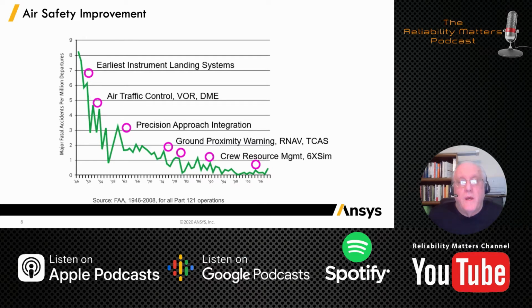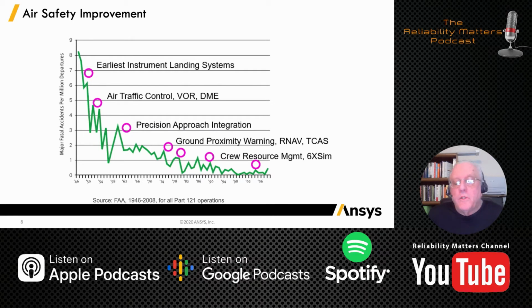Subsequent to that, there were more positive controls placed on the movement of commercial aircraft. They all had to fly under instrument flight rules. So there was distance measuring equipment and vertical omni range and those kinds of things. And then later on, precision approach.